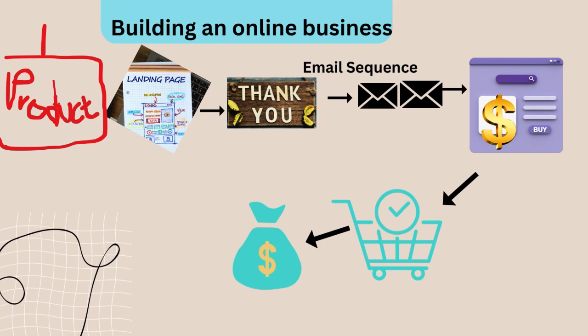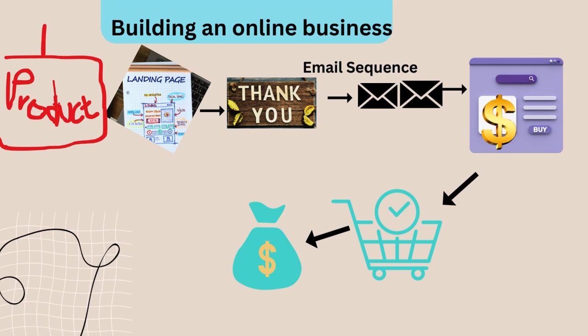Okay. So the first thing that you need to have is a product. You might be the owner of that product. You may be a coach. You may be having physical products that you sell. You may be having templates that you sell, or you could be an affiliate marketer. That means you're selling products that belong to someone else.